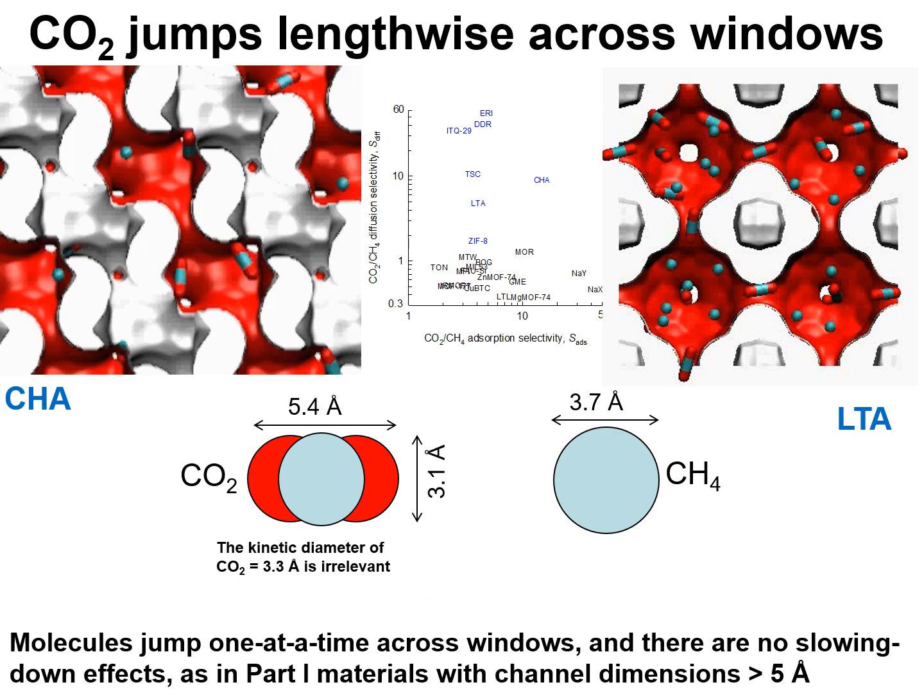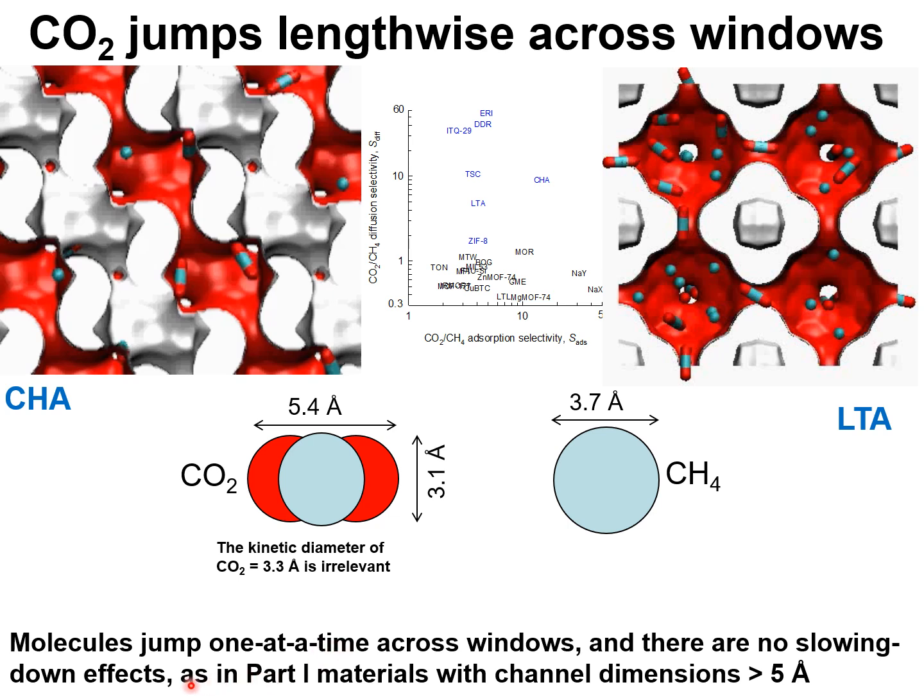Let's look at the animations for LTA zeolite. Again, we note that the CO2 molecule jumps lengthwise across the windows. This is true for all cage window structures denoted in blue here. Another point to note, and that should be obvious from these animations, is that the gas molecules jump one at a time across the windows, and there are no slowing down effects because of the one at a time jumps.